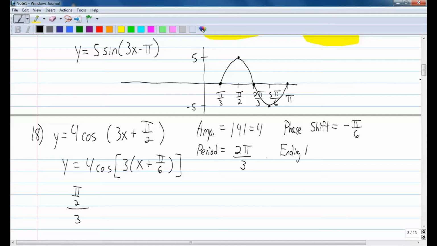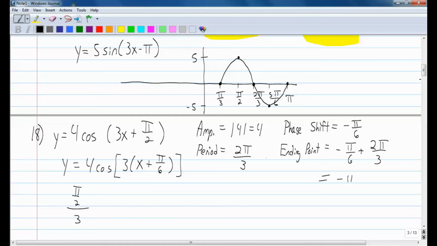Our ending point is going to be the phase shift plus the period. Our starting point plus the length of the graph. Now, make sure that you're careful when you add these two fractions together.